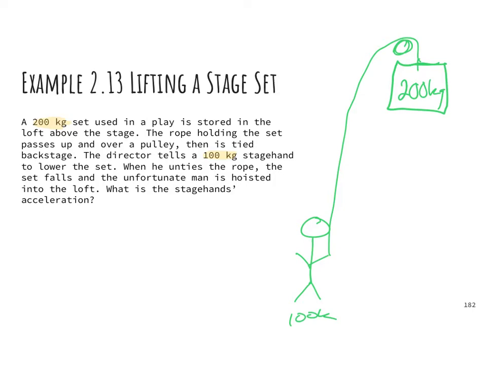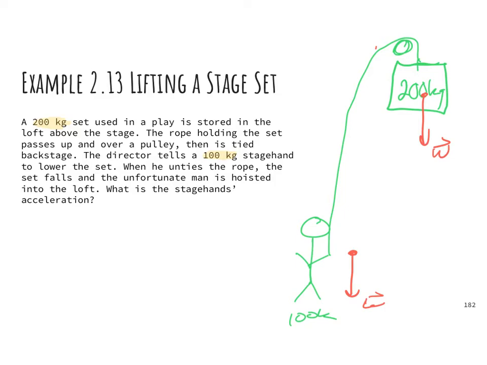So if I were to take a look at these free body diagrams, this guy's got a weight going down, and this mass has a weight going down, and it's much larger than the man's. The mass is tied to this string, and the counteracting force of the string, looking at the guy's weight, is the weight of the heavier object.